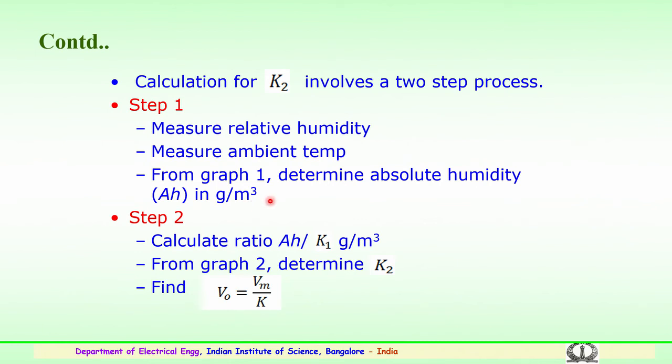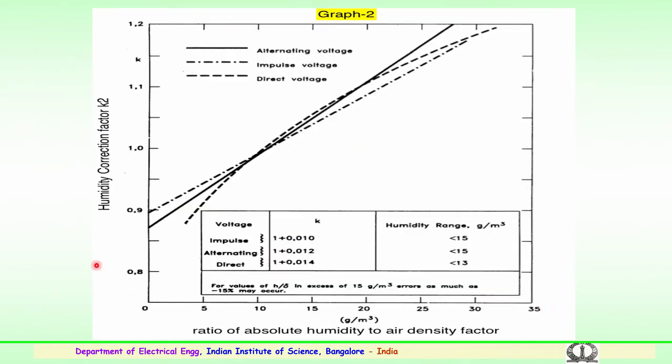Now, step 2 is to divide the absolute humidity by K1, in grams per meter cube. Again, we have to refer to graph 2 to determine K2. This is the graph where the humidity correction factor K2 is obtained. It gives the ratio of absolute humidity to air density on the x axis and the humidity correction factor on the y axis.